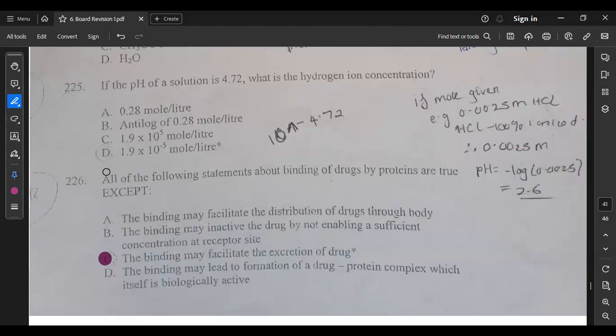Also the complex with the proteins might sometimes make the drug more active, and sometimes also they might inactivate the drugs. So I think it's fine.